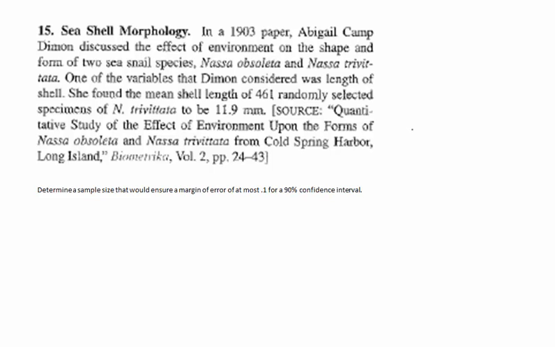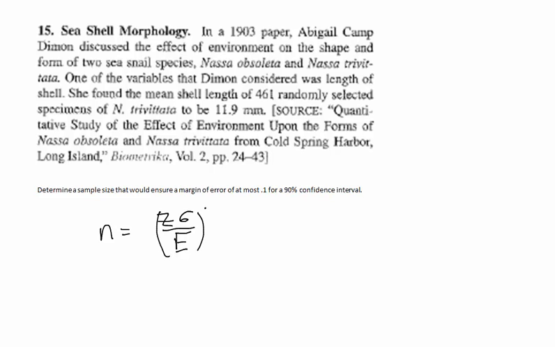She found that the mean shell length of 461 randomly selected specimens to be 11.9 millimeters. And we want to determine the sample size that would ensure a margin of error of at most 0.1 for a 90% confidence interval. And our formula is N is equal to Z times sigma divided by E squared.